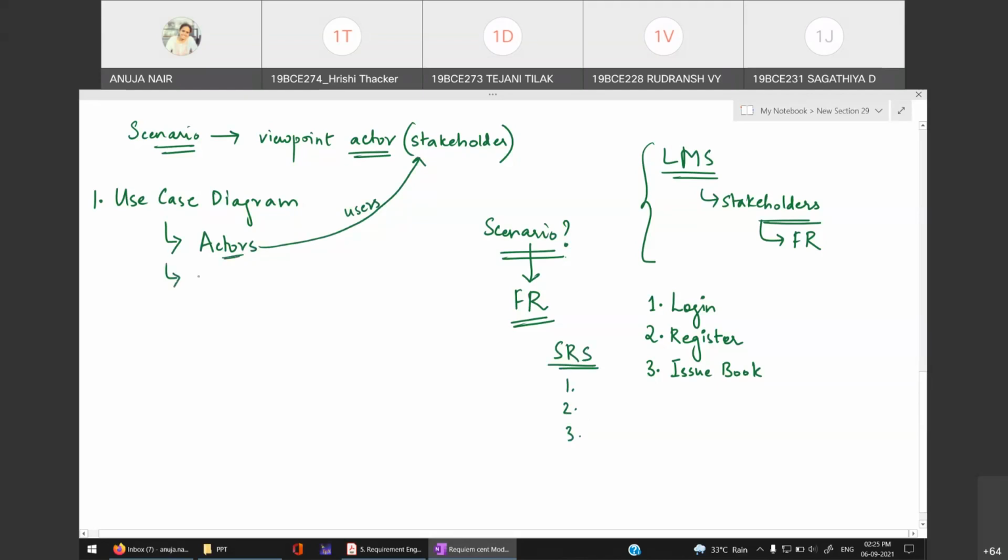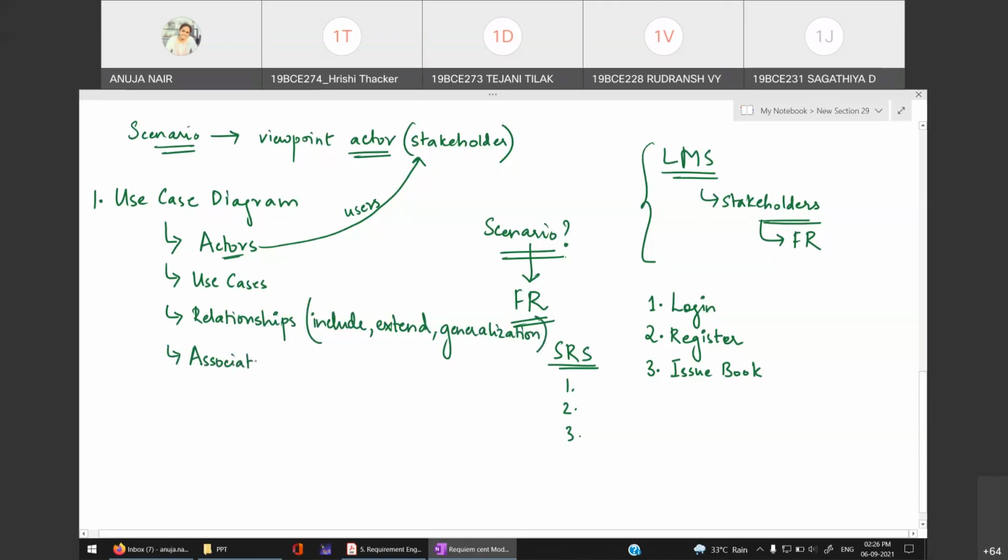Then another is your use cases. What are these use cases, we'll talk about. Then you have relationships. These relationships can be include, extend, and generalization. Then you have the flow, that is, I'll say association.